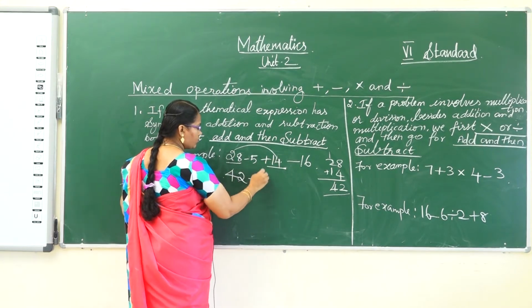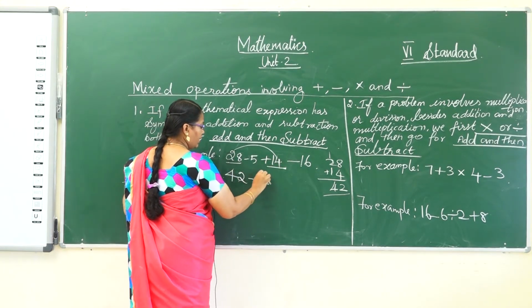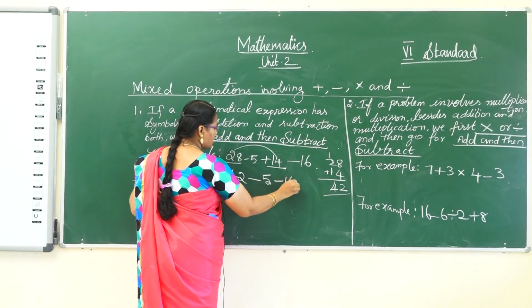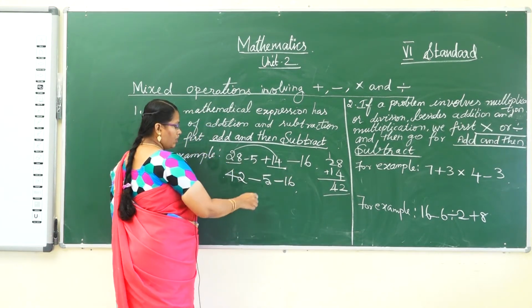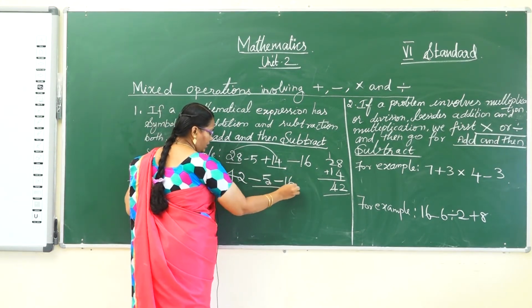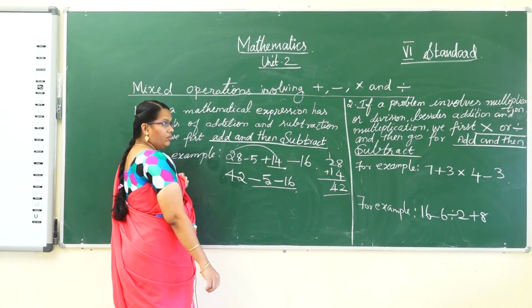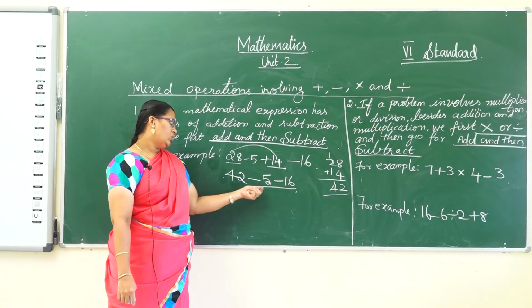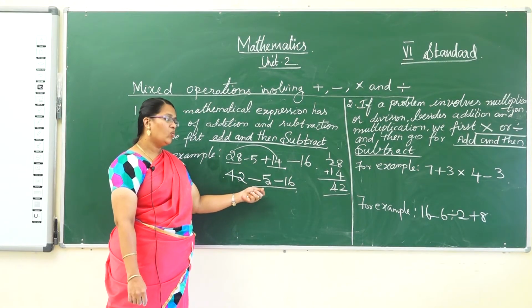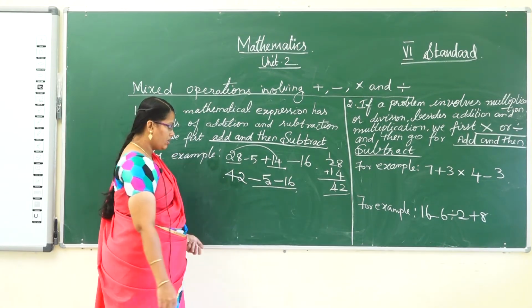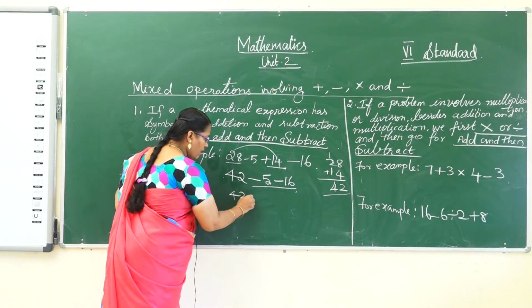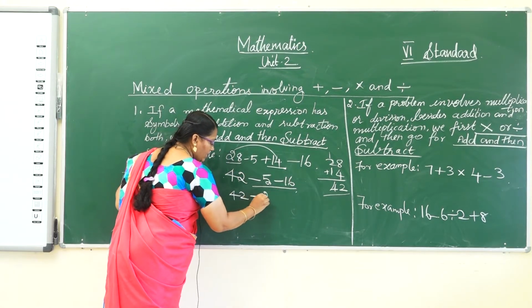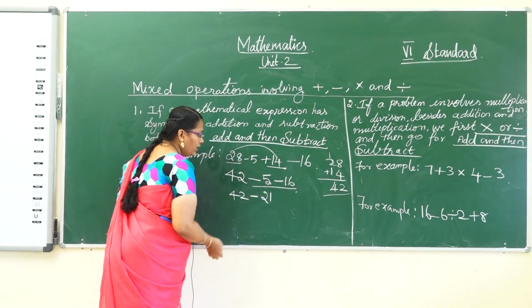And next the minus 5 minus 16. Already you know these have the same sign. We have already learned integers. Two negative signs, so we add and put the same sign. So we get minus 21.